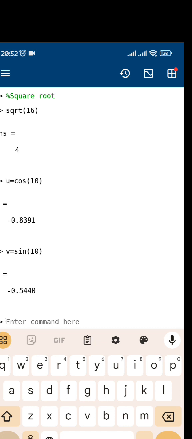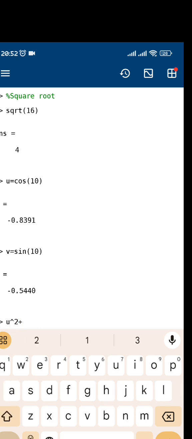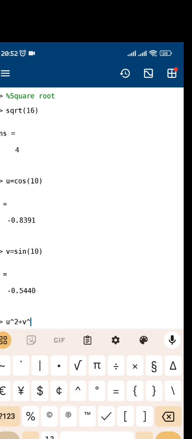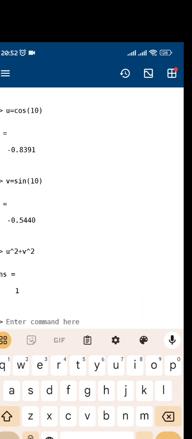As you applied the operations on answer, you can apply trigonometric and arithmetic operations on these variables as well. For example, if you do u power 2 plus v power 2, and let me run it. You can see this is answer 1. This is basically the concept of trigonometric function.